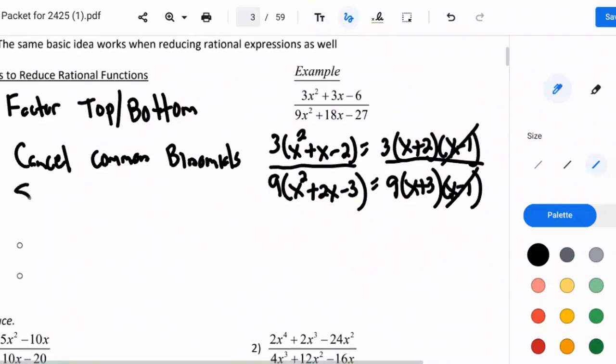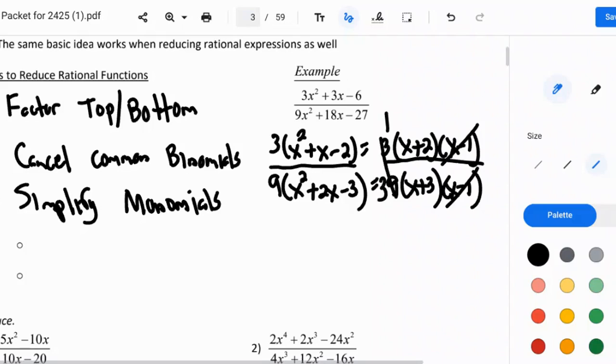And then step 3 is to simplify my monomials. Those are the things on the outside that we pulled out as a GCF. So if we simplify these monomials, I think 3 divided by 9 can simplify down to 1 over 3. So now I have, in the end, this x plus 2 over 3 times x plus 3.